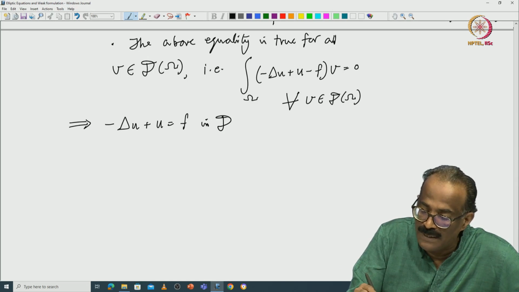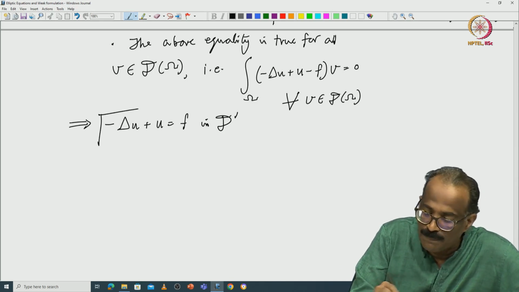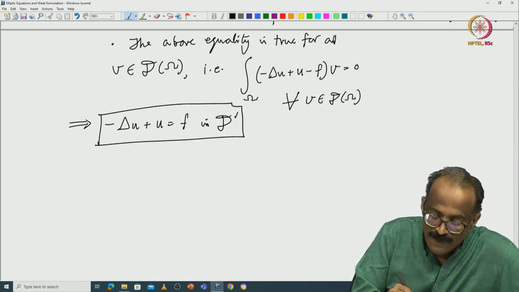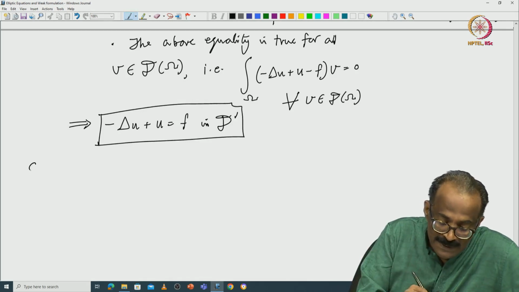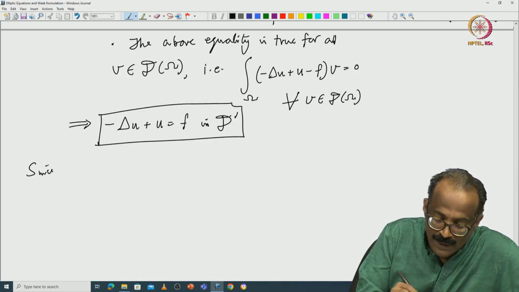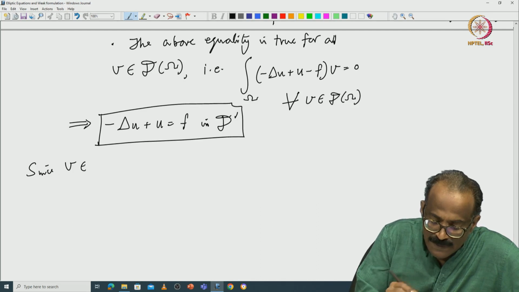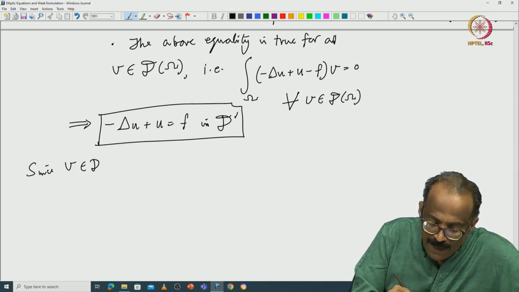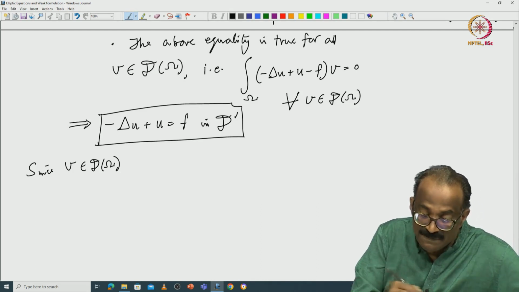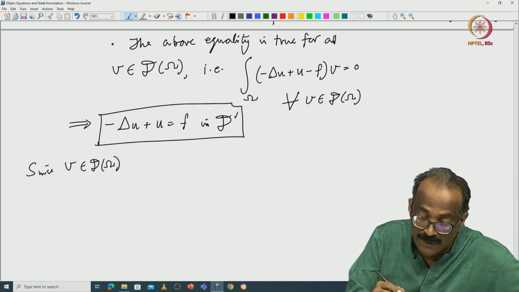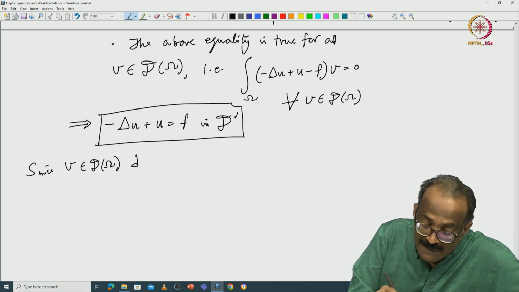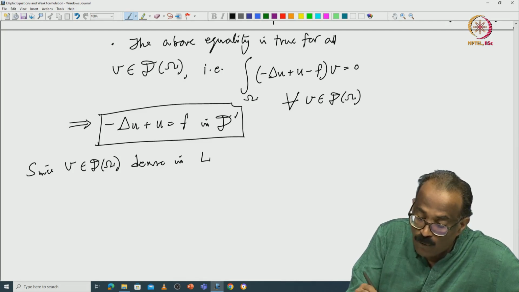That is the meaning of a distribution, and that is the first step you wanted. And since v is in D of omega, which is dense in L2 of omega, you get something more now.